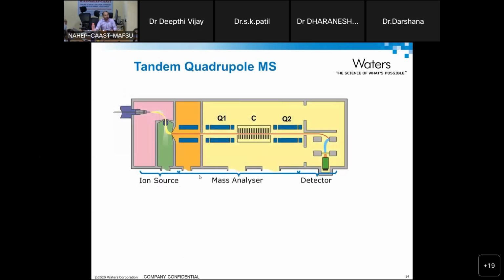So this is the basic schematic of the MS region. The instrument which the Bombay Veterinary College has in the lab is a tandem quadrupole system.